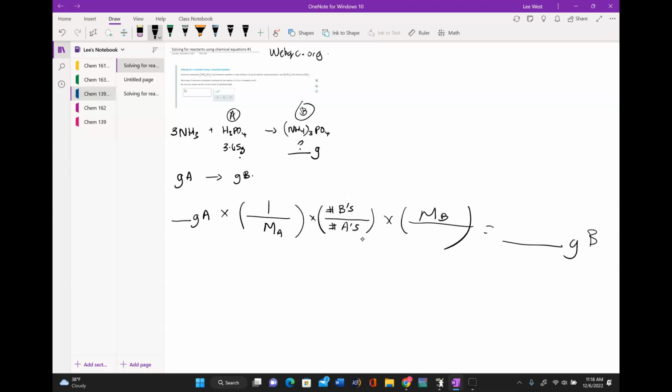So we call that grams of A to grams of B, and it really just involves multiplying those 4 numbers together. So you can see we're going to need 2 molar masses and this thing called the mole ratio.